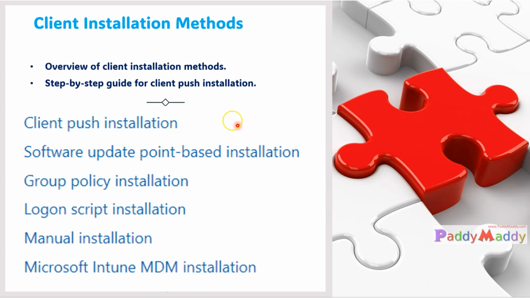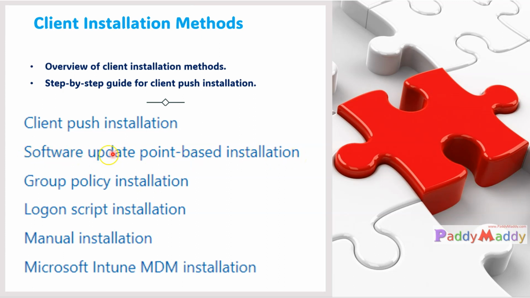Definitely we would be using all of these methods, but before that, within this video we would be focusing on manual installation, and give you an idea of what other options you have. You also have the software update point based installation.